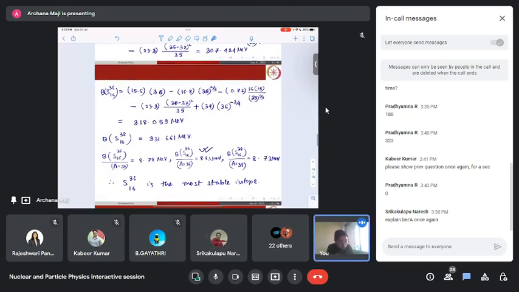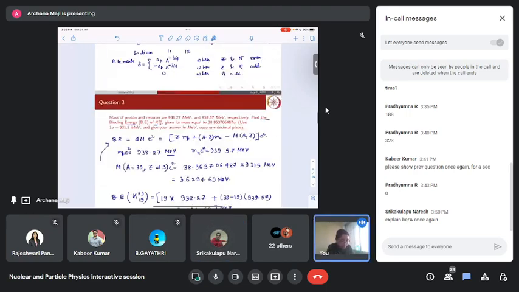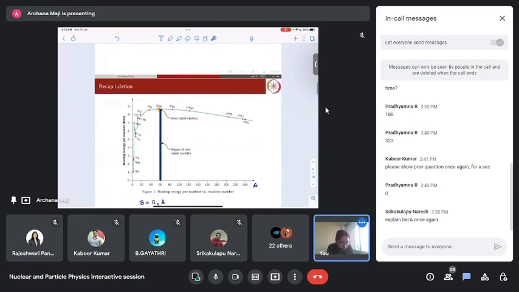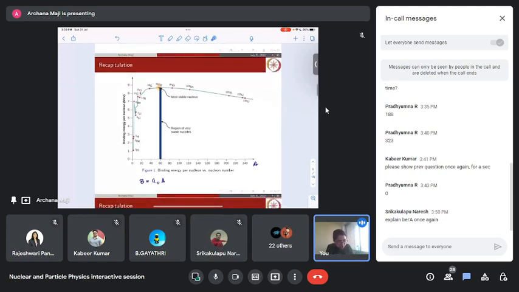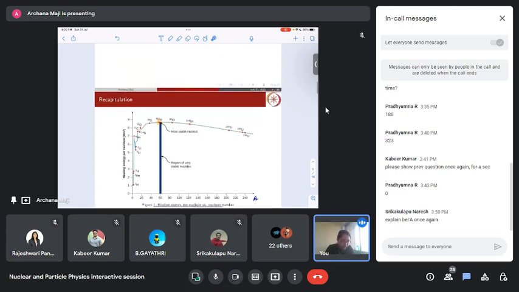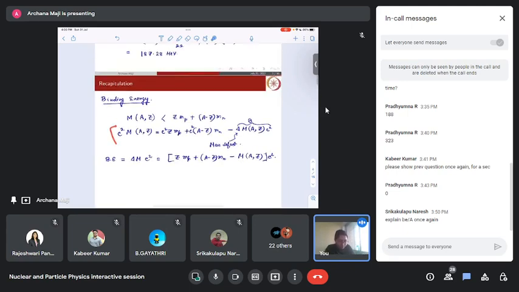Okay, so let us look at this graph. This graph has been plotted with binding energy per nucleon on the y-axis and nucleon number on the x-axis. For the element for which binding energy per nucleon is highest, that is the most stable. Why is that so? That can be explained from this formula.